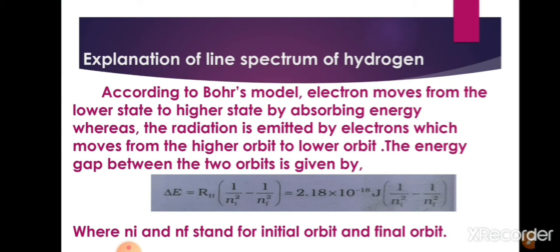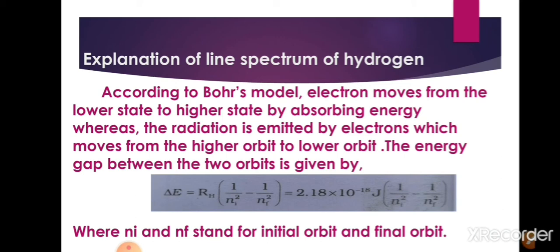So there will be a difference in energy between the two orbitals, represented as delta E. This energy difference between two orbits is given by the equation delta E is equal to Ef minus Ei. So we can write delta E is equal to minus RH divided by Nf square minus of minus RH divided by Ni square. Ni and Nf are the principal quantum numbers for the initial and final states.